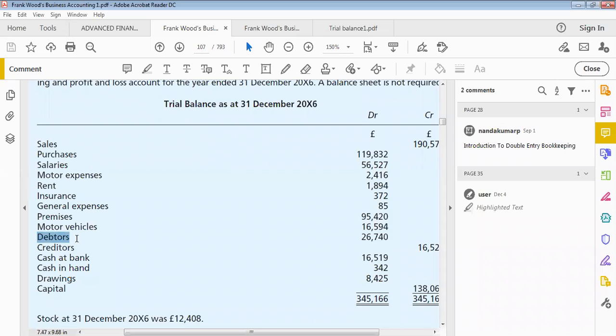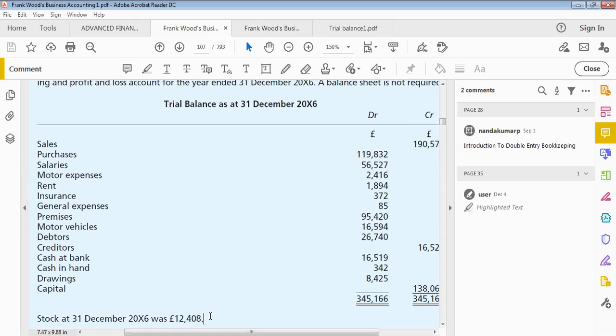So you have debtors, cash at bank, cash in hand, and also the closing stock. All those are the current assets, right?